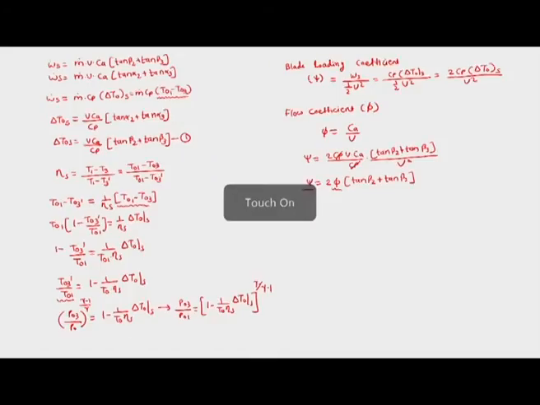So Ca tan alpha 2 into R2 is equal to constant. Ca is a constant, so we have R2 into tan alpha 2 is a constant. This is from free vortex theory.